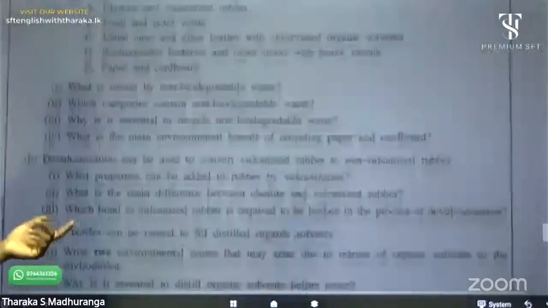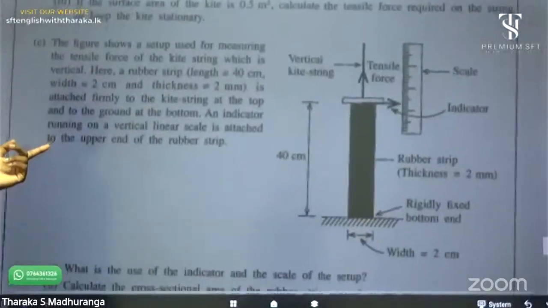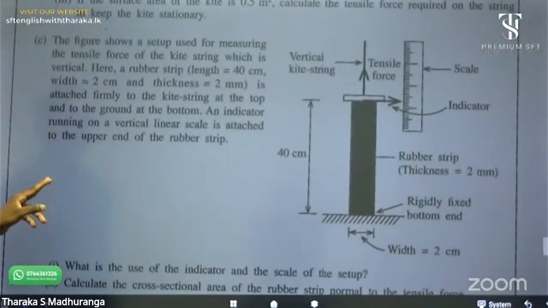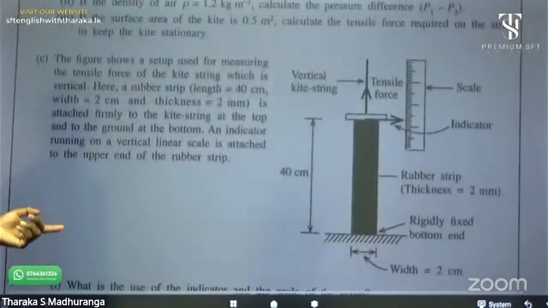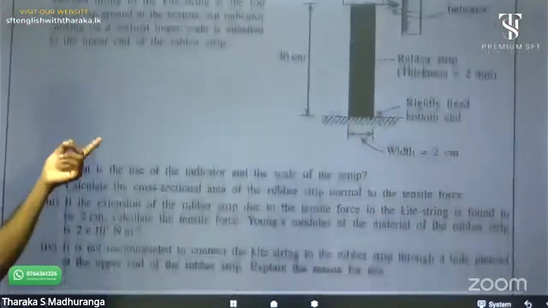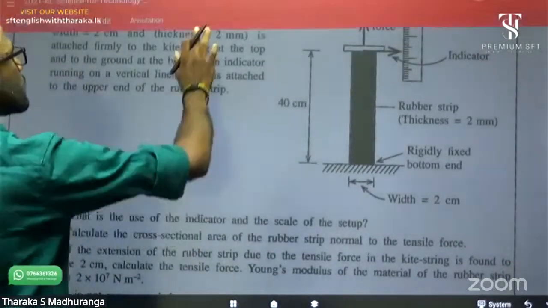This is the 2021 exam paper. You can try question number 9, C part. It's a good question.